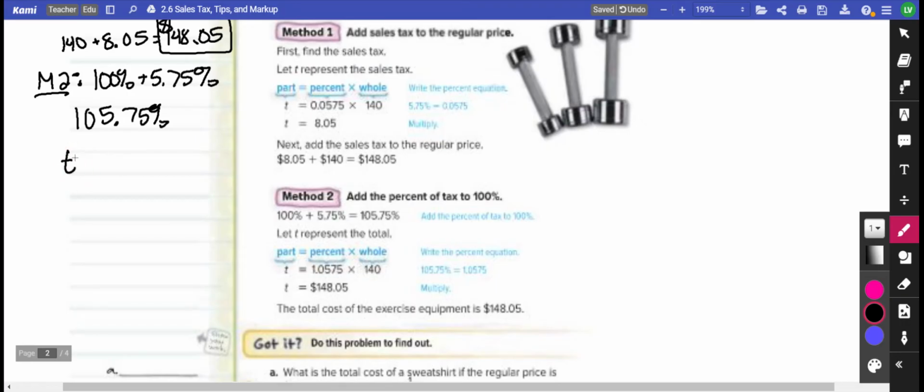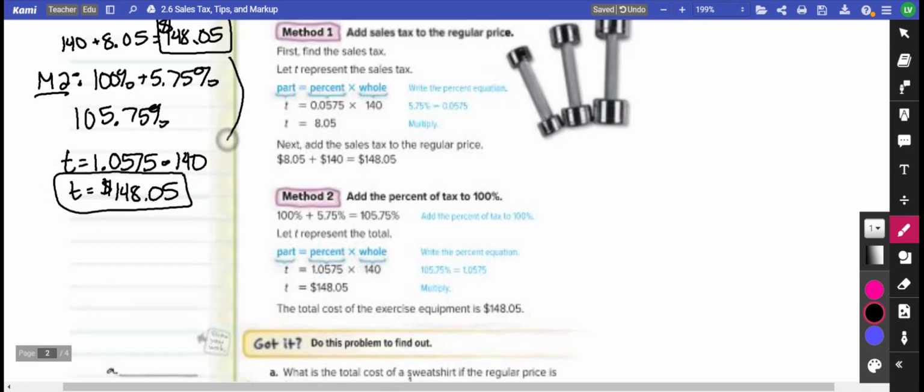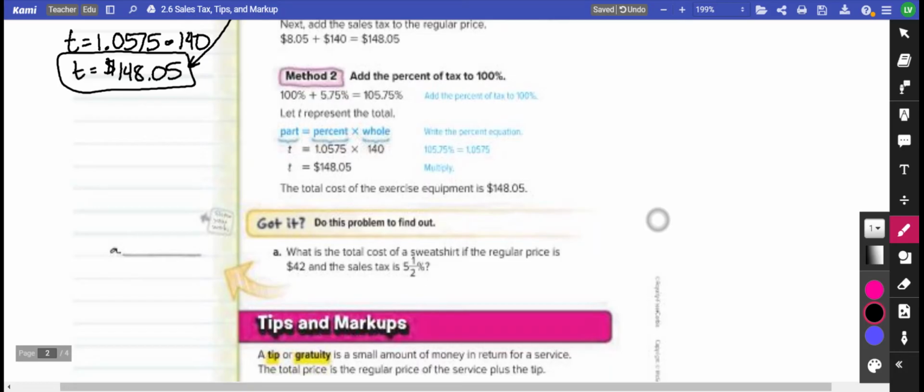So if my part is T, and I'm multiplying 1.0575 times 140, then that means that my total cost is going to be $148.05. If you notice, both of these give me the same exact answer. Pick one of these methods and use it.